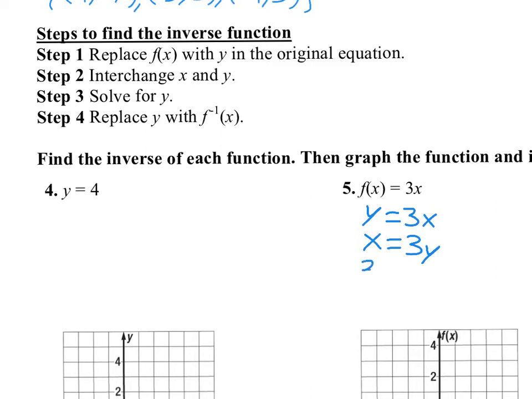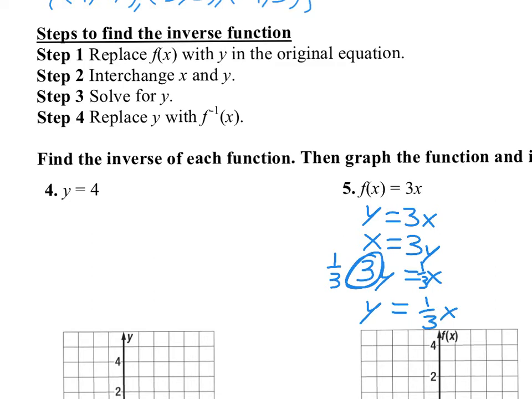Before I solve for y, I'm going to make them trade sides, because what you're solving for, you want to be on the left. So then we get y equals, and how do I make this 3 go away? I multiply by 1/3. So 1/3 times 3 is 1, and we have y equals 1/3 x.